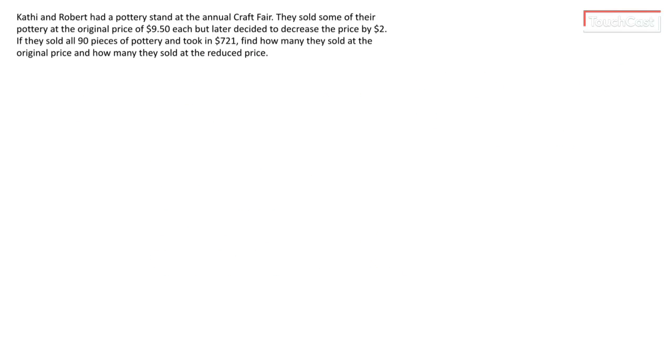This problem looks a lot like the problem we did in class, where we're going to have a number, a count type of equation, and then we are going to have a worth type of equation. So we've got two different things here. We've got that they originally sold them for $9.50 a piece, but we don't know how many they sold at $9.50. So this will be the number sold at $9.50.